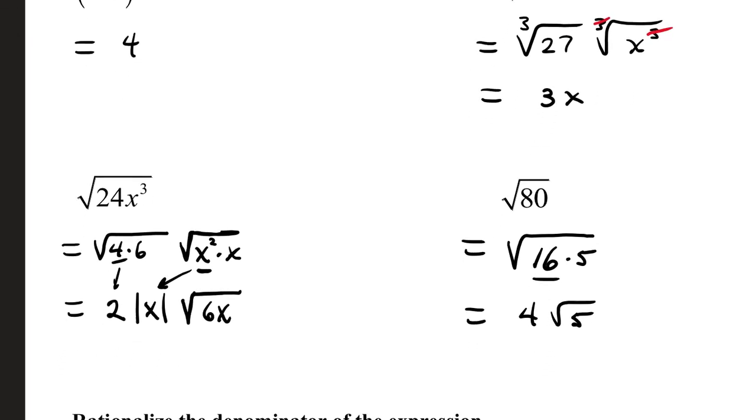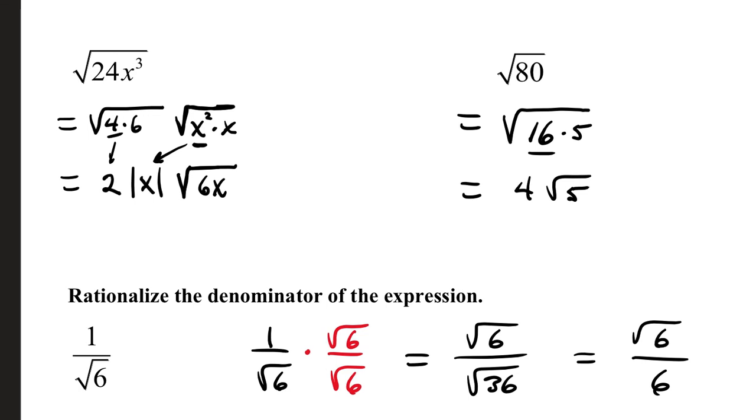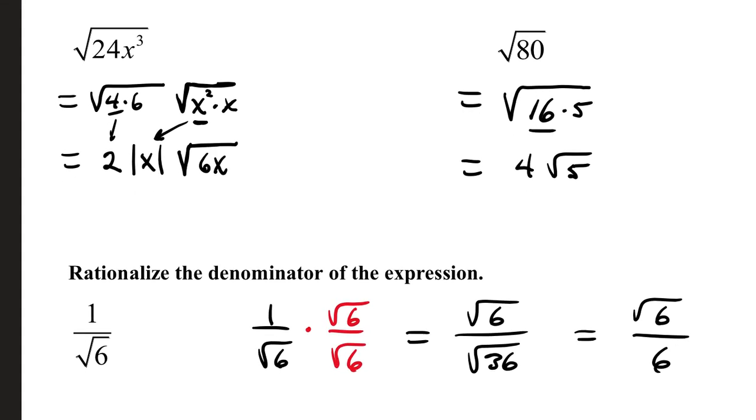The bottom left example, well, I'm going to move it up. So now the top left example, square root of 24x cubed. 24 is not a perfect square, but it can be written as 4 times 6 because 4 is a perfect square. We can reduce that to 2.